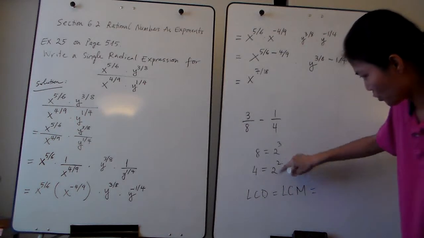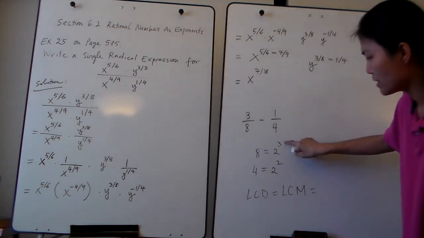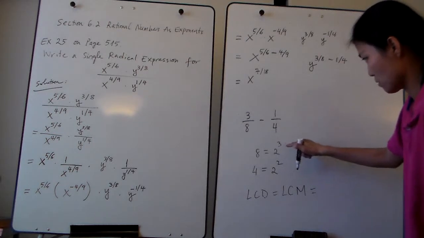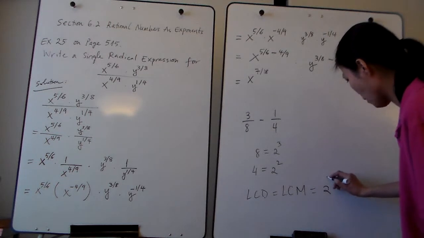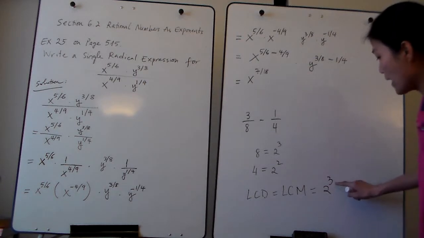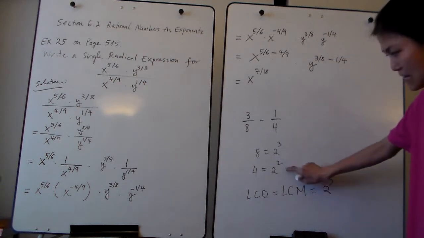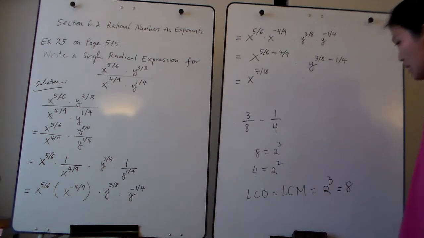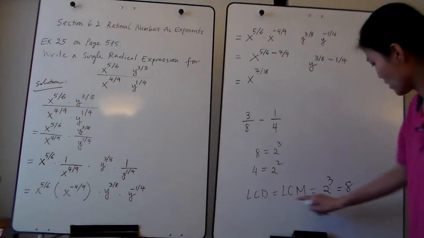So it looks like you only have 2, right? This 2 happened 3 times because it's raised to the third power. So I'm going to use 2 to the third power for the LCM because it happened the greatest number of times, 3 times, and it beats this one, which is 2 times. So simplify, I get 8. So I know that the LCD is 8.